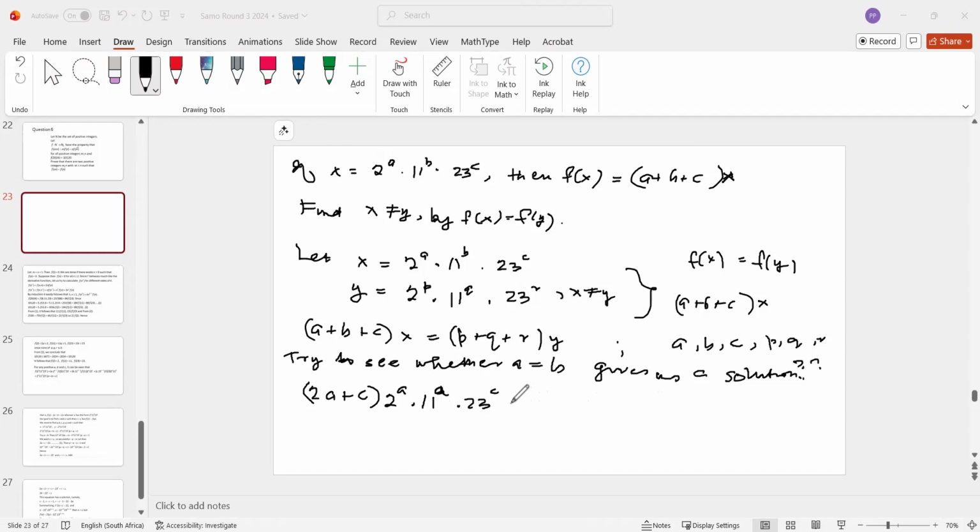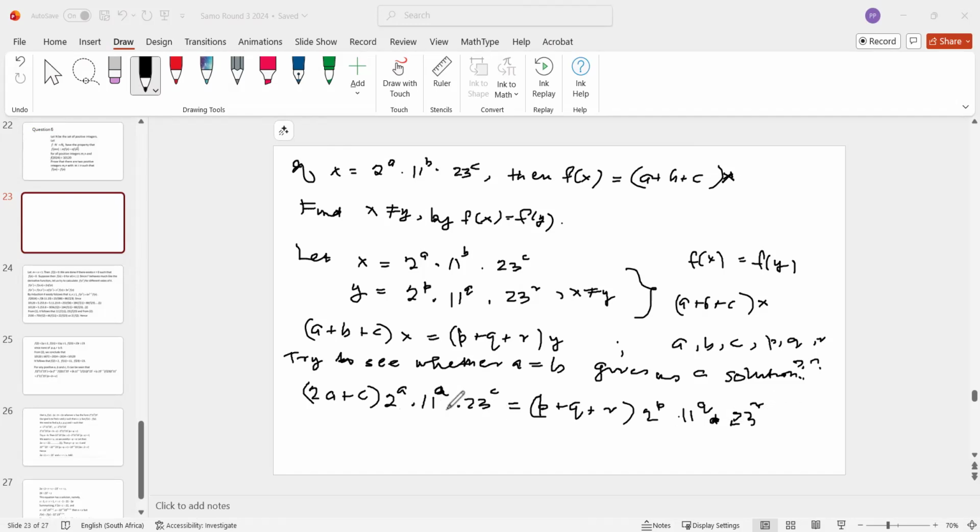And this is now equal to P plus Q plus R times Y. Y is 2 to the power of P times 11 to the power of Q times 23 to the power of R.